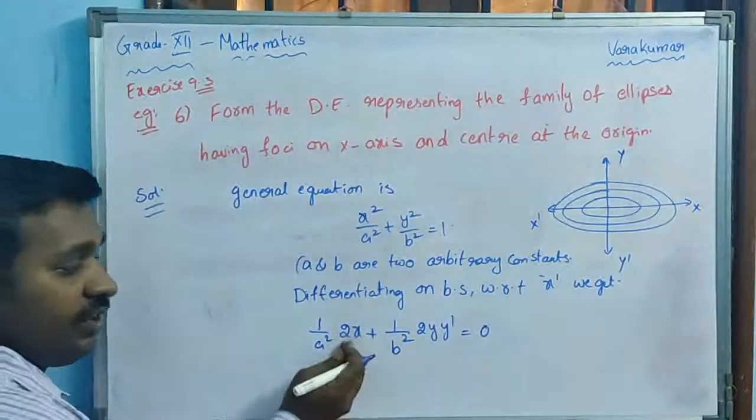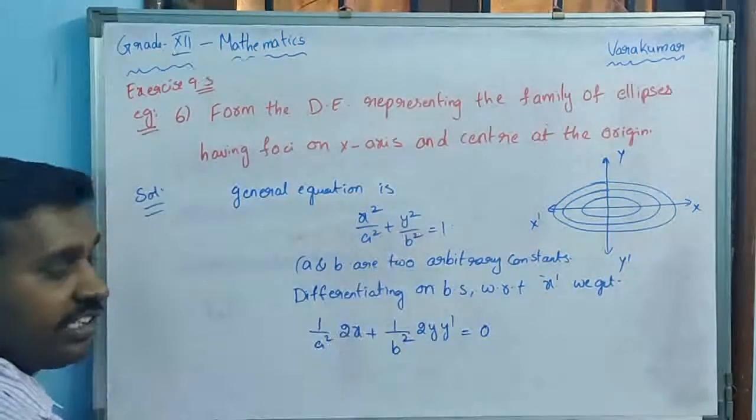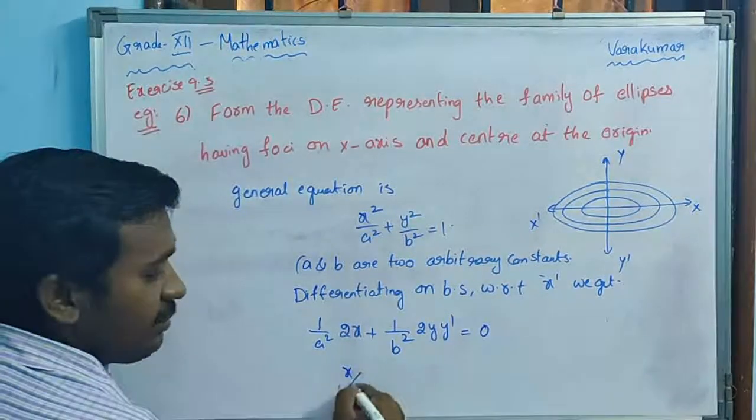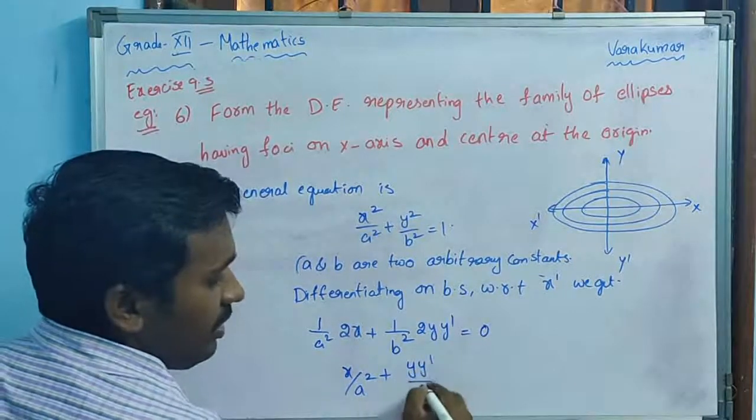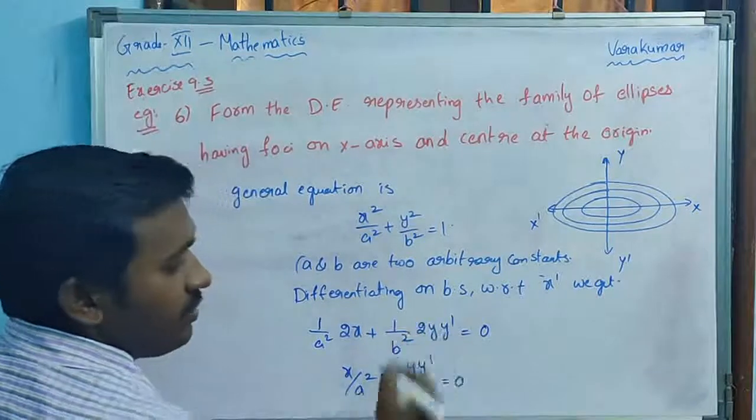Now 2 I will take out common and send 0 by 2, it is 0. So now I get x by a square plus y y dash by b square is equal to 0.